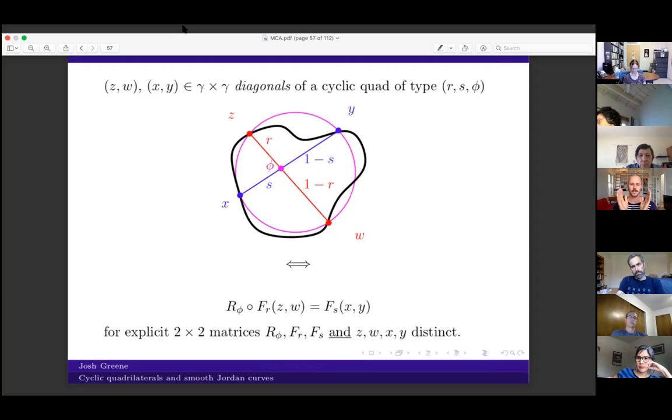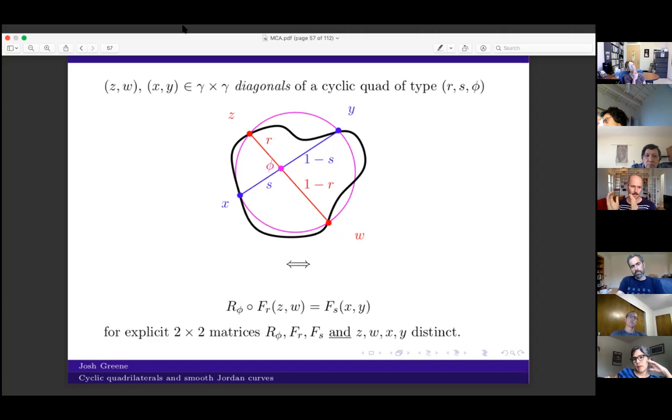So what I want you to think is, consider all pairs of points in gamma cross gamma, that is to say, consider all points in gamma cross gamma. And think about applying this linear transformation, R phi composed with FR, to gamma cross gamma. What's going to result is a torus in C2.